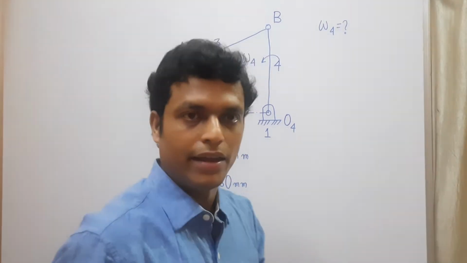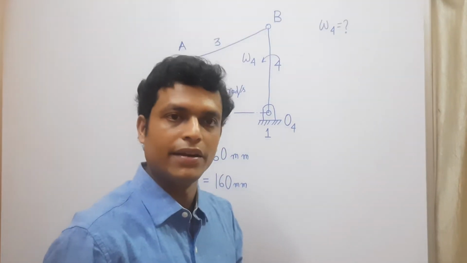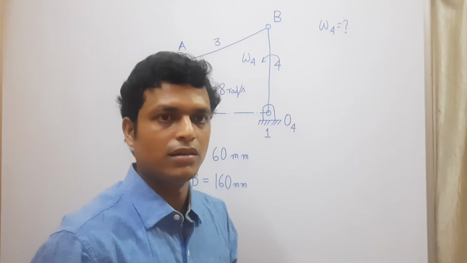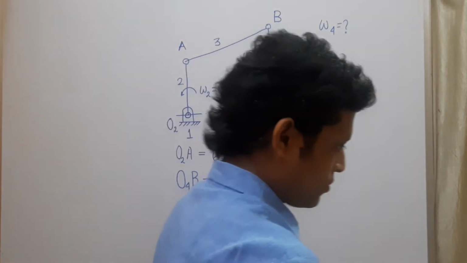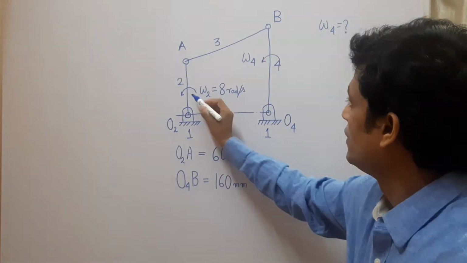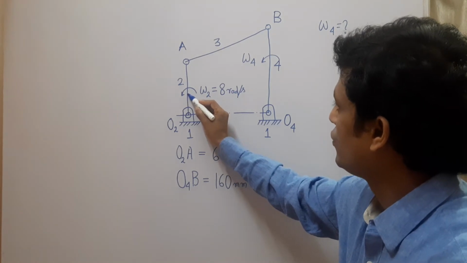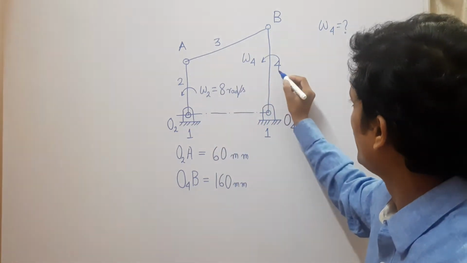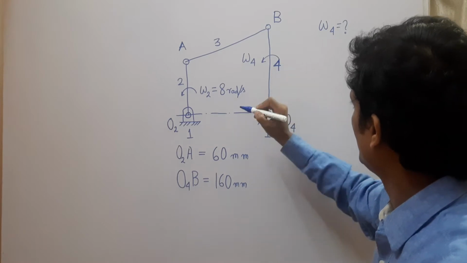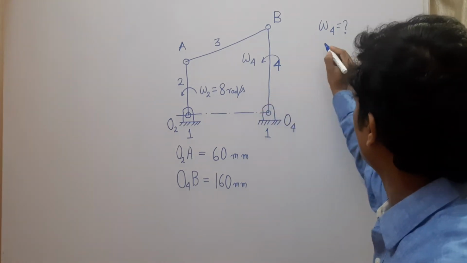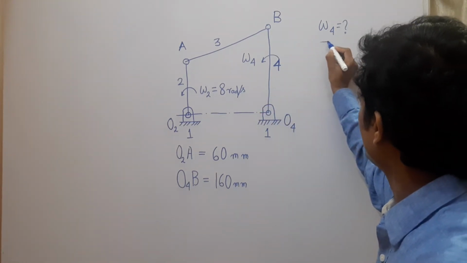So we can apply the concept of relative instantaneous center. How? The angular speed of link 2 is given, and you have to find out the angular speed of link 4. So which instantaneous center will give you this answer?